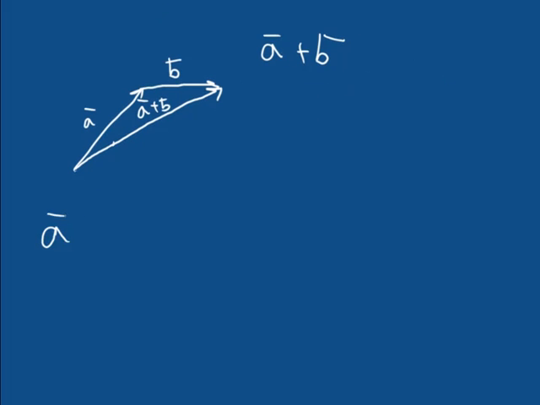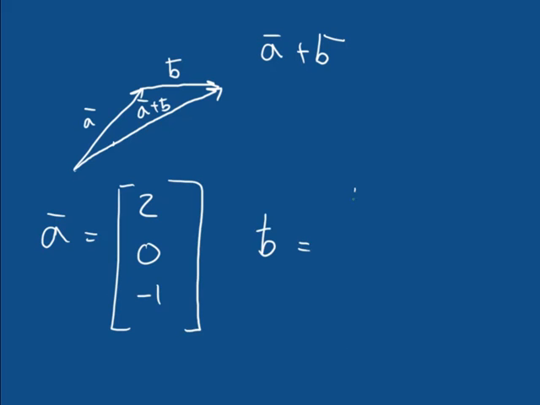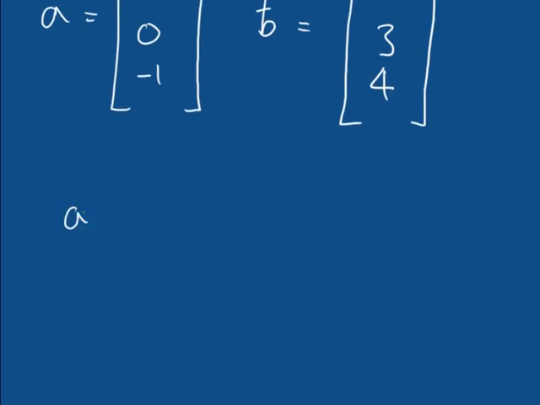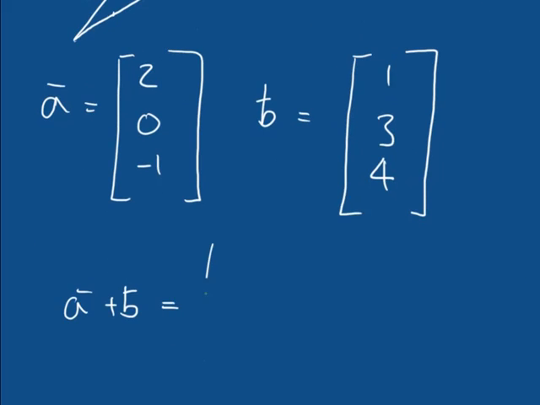And we can actually prove this if we were to come up with a couple of examples. So if I was to have a vector that was 2, 0, and -1, say, and another vector that was 1, 3, and 4, let's say. Now, if I was to add these together, we know that a plus b is going to be equal to, just like in our 2D case, we take the first component, so 2, and we add that to the first component of the second vector, so +1.